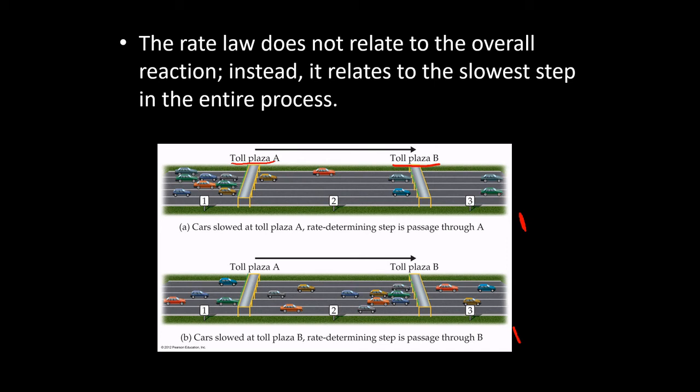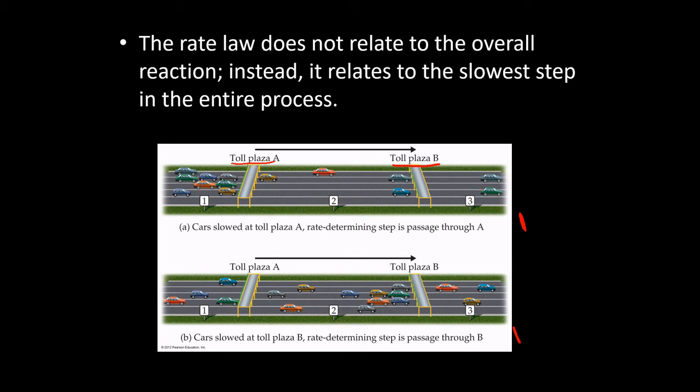So if you look at the first example here, Toll Plaza A is the slower one. And we know this because the cars are piling up behind Toll Plaza A, and they're not piling up behind Toll Plaza B. Essentially, as fast as the cars can get to Toll Plaza B, they get cleared through, and they keep going.